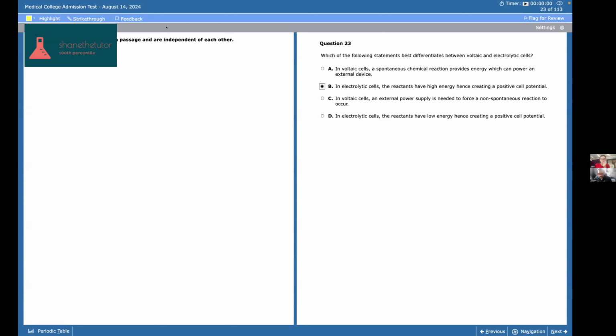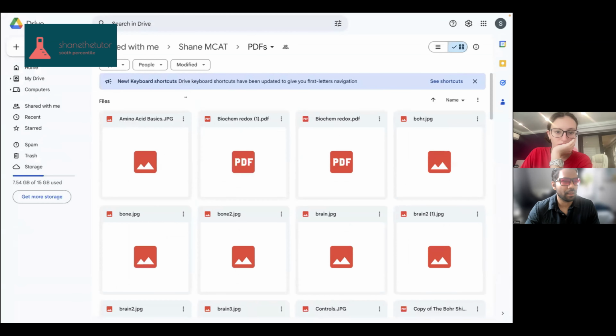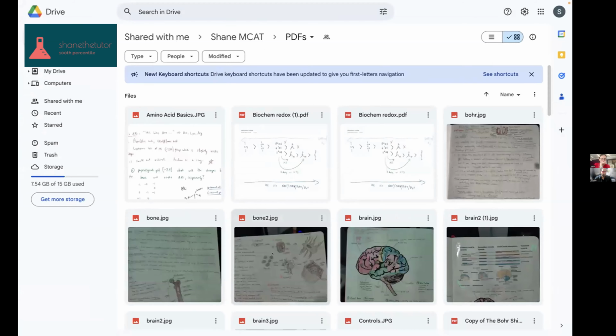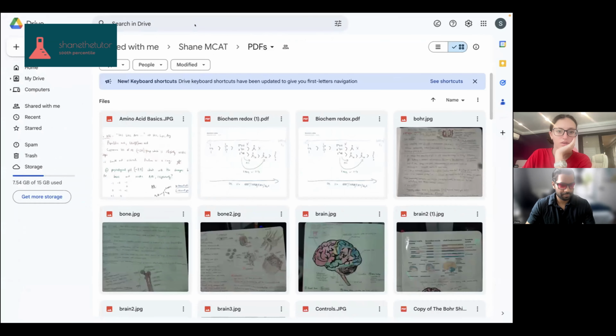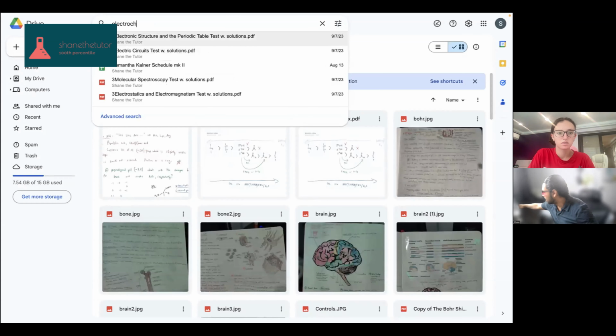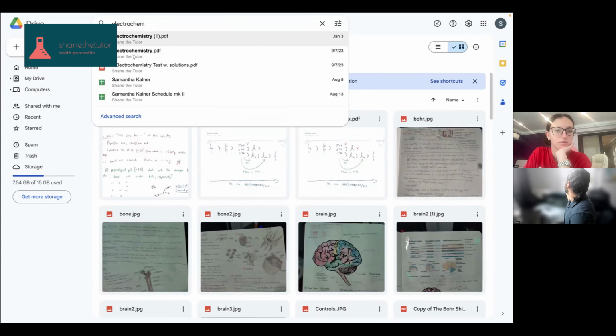Let me open this link up. It's in the shared drive. It'll be called electrochemistry. One or just this one?